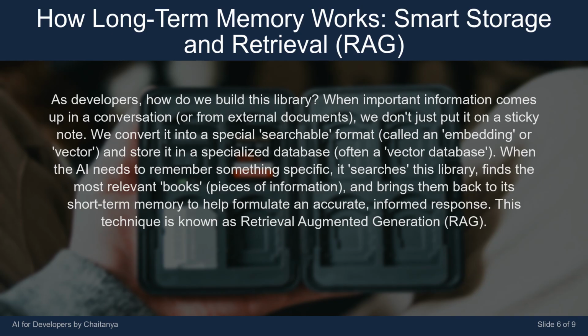When the AI needs to remember something specific, it searches this library, finds the most relevant books, pieces of information, and brings them back to its short-term memory to help formulate an accurate, informed response. This technique is known as Retrieval Augmented Generation, RAG.